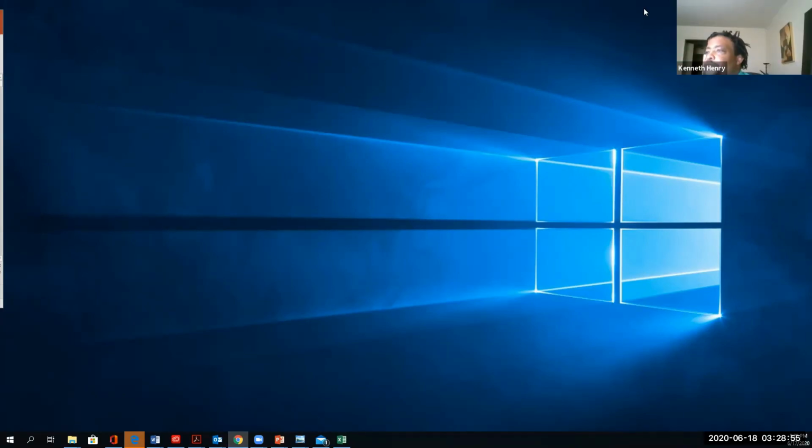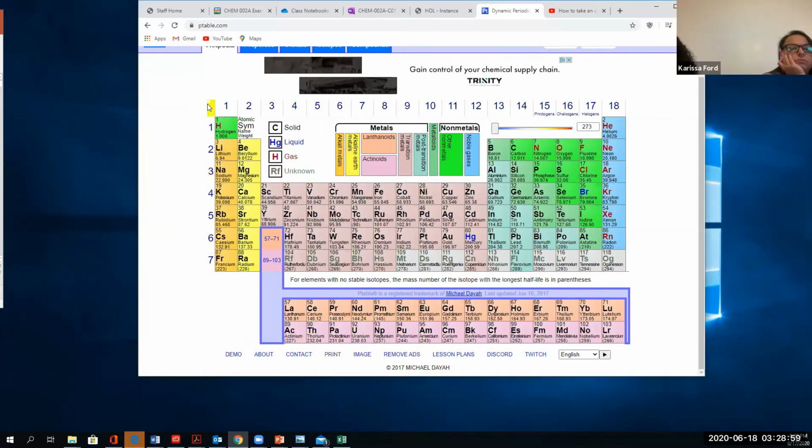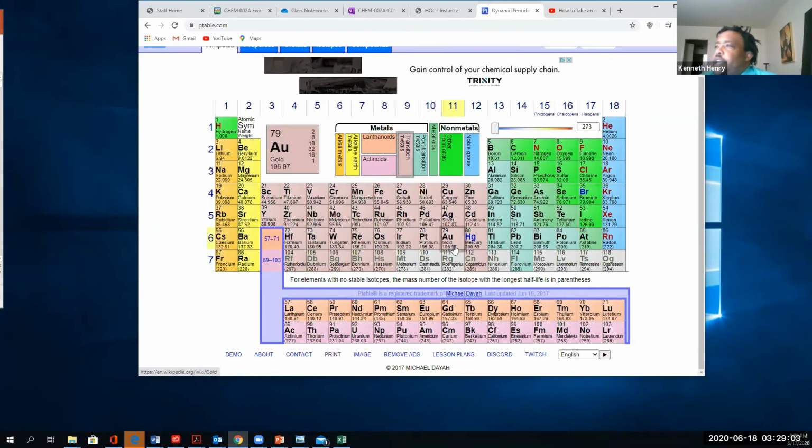Okay, you see the periodic table? Okay, so let's see how much you guys know. What element is in group 13, period 4? Gallium.